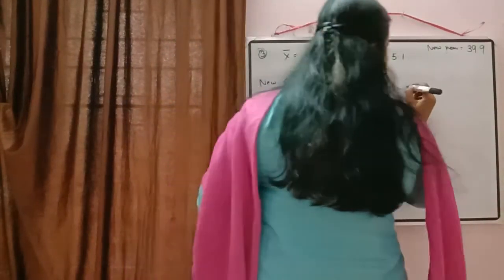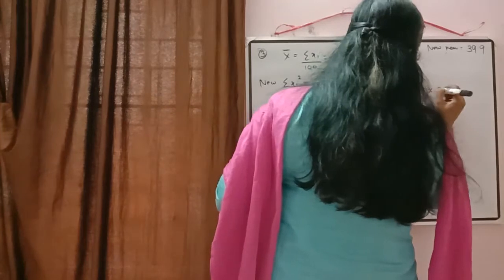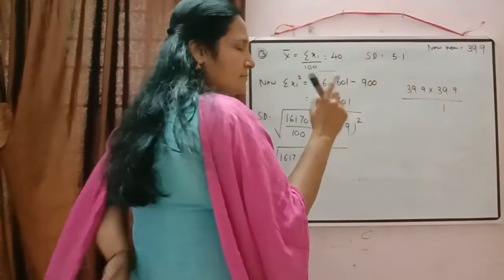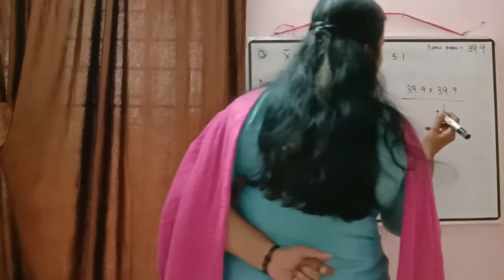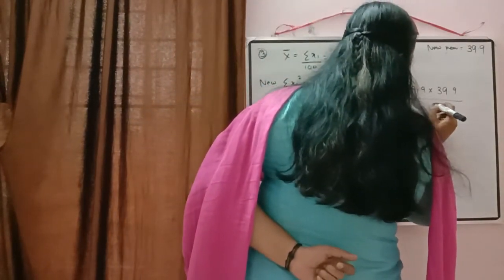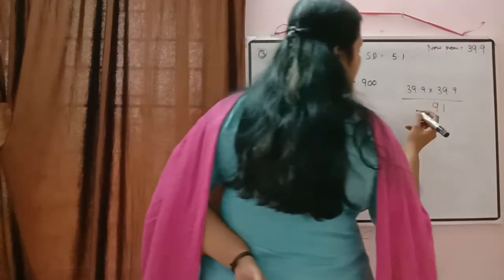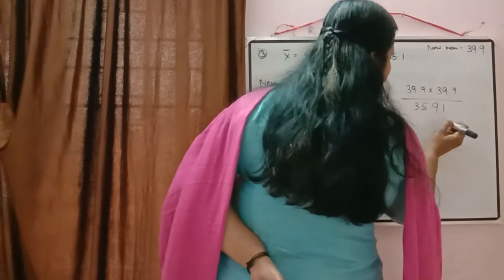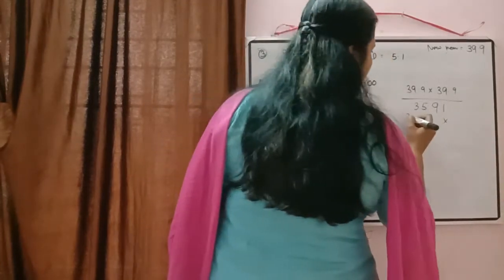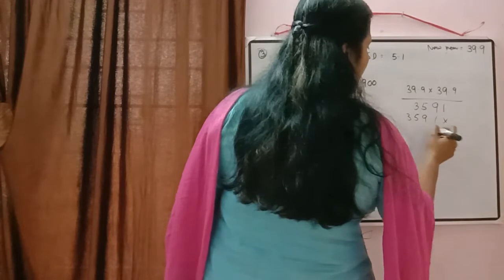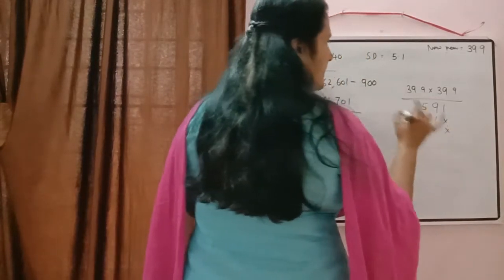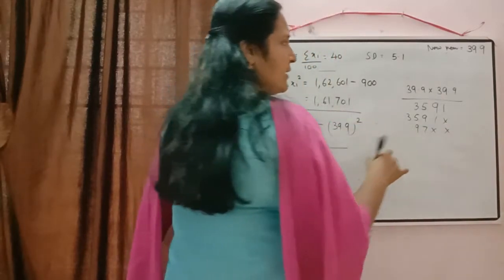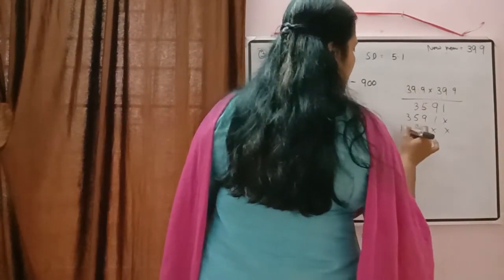39.9 square. So just to do it, 39.9 into 39.9. 9 9s are 81, carry over 8. 9 9s are 81 plus 8 will be equal to 89, carry over 8. 9 3s are 27. 27 plus 8 will be equal to 35. Again it is multiplied by 9 only. So 3591. 3 9s are 27, carry over 2. 3 9s are 27 plus 2, 29, carry over 2. 3 3s are 9 plus 2, 11.